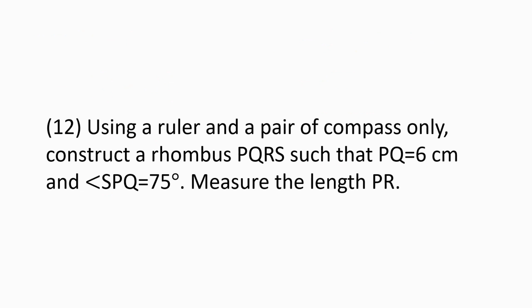Question 12. Using a ruler and a pair of compasses only, construct a rhombus PQRS such that PQ is equal to 6 centimeters and angle SPQ is equal to 75 degrees. Measure the length PR. Starting from a rough sketch, we've been told that PQ is equal to 6 centimeters and angle SPQ is equal to 75 degrees, and we need to construct a rhombus.